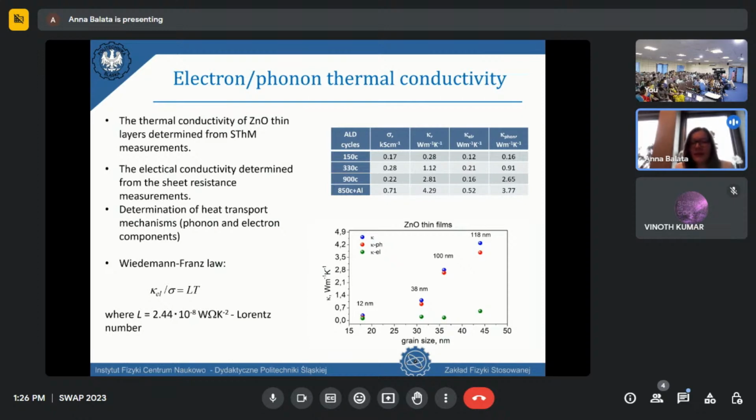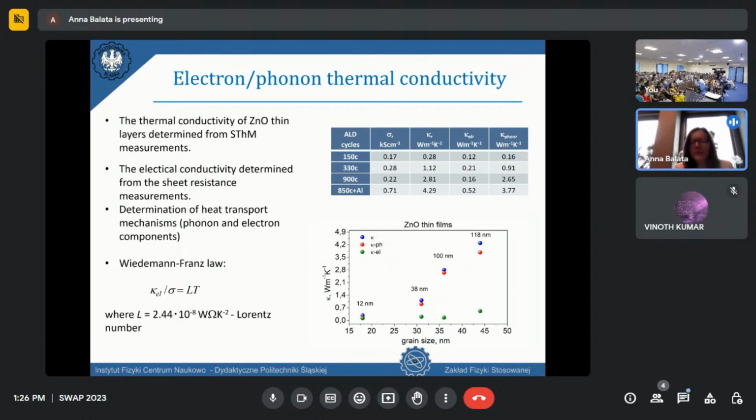So the thinnest layer had thermal conductivity around 0.3, and for the layer doped with aluminium, we got 4.3 watt per meter Kelvin. And applying the Wiedemann-Franz law, we were able to determine the electron and phonon component of total thermal conductivity. The results are presented in this graph.